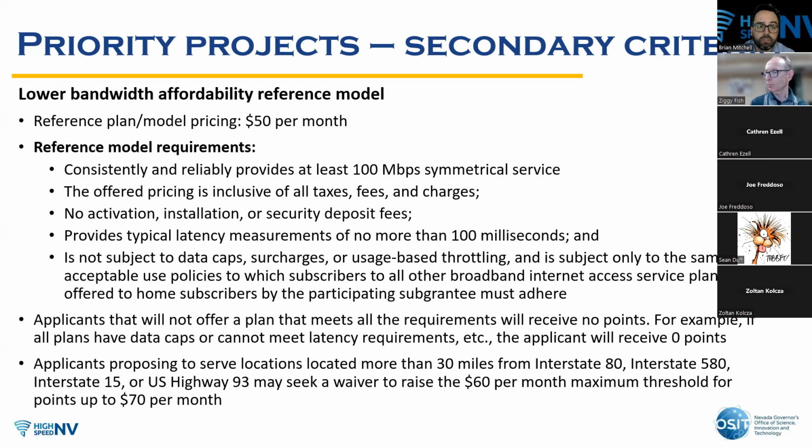You can say that you're going to build in inflationary increases or according to CPI, or you can say we're going to charge $50 the first year, $55 the second year, $60 the third, and $70 the fourth, and so on. And your scoring will be based off of an average of the different years.